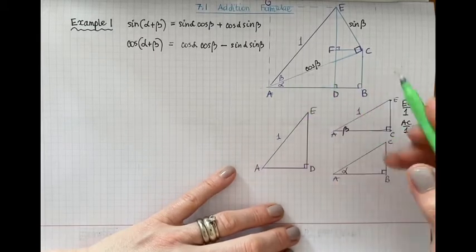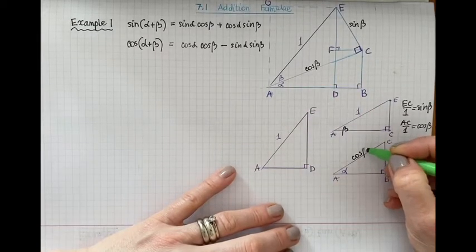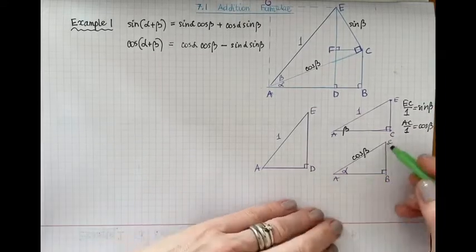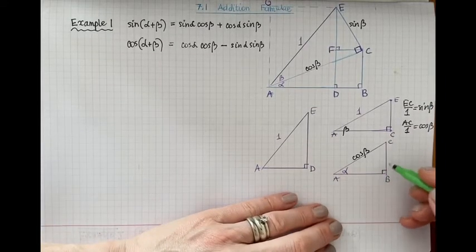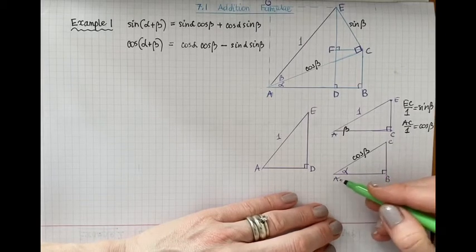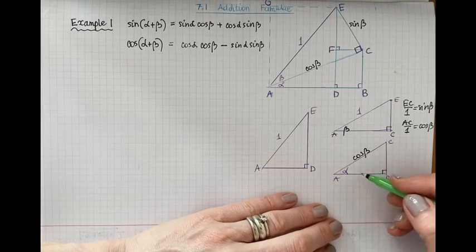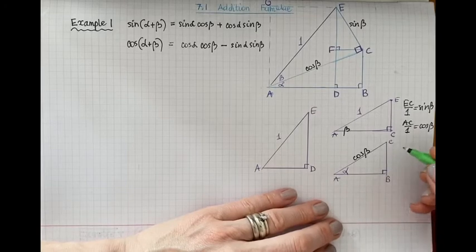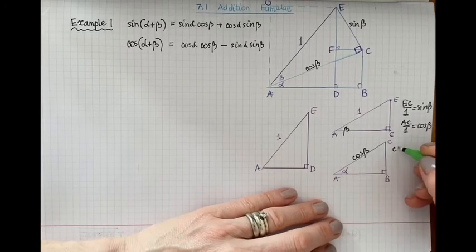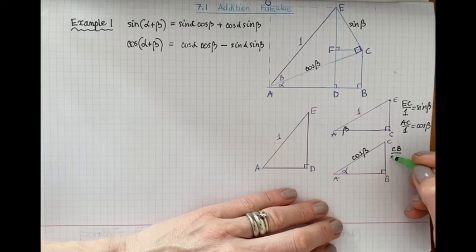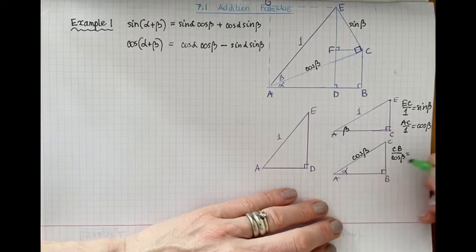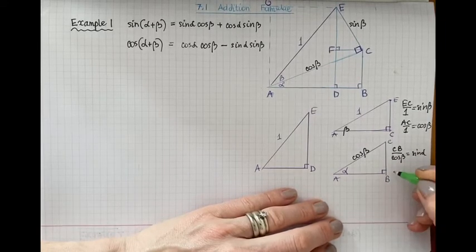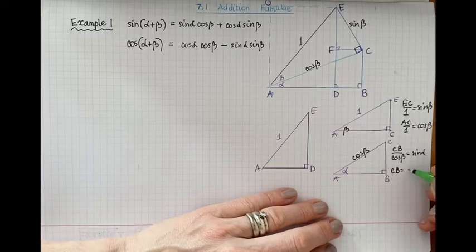Now, having found cos beta as the hypotenuse of length AC, hypotenuse of our triangle, we can again do simple trigonometry to find the length BC and AB in terms of cos beta, which is the hypotenuse, and either sine or cos alpha. So CB, which is opposite over hypotenuse, which is cos beta, will give you sine alpha. So CB is equal to sine alpha cos beta.